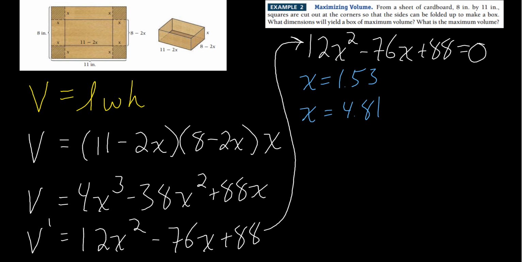Before I reveal something big here, let's take the second derivative of this function real fast. So what is v double prime of x? The second derivative is 6x minus 76.